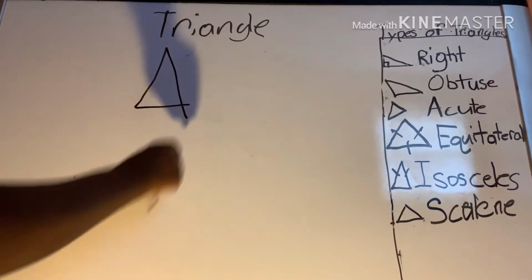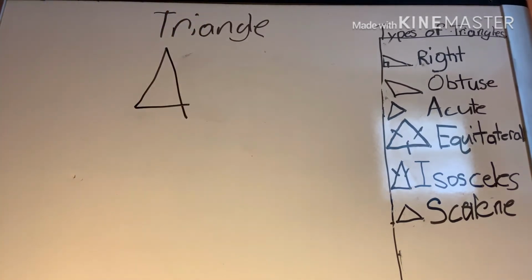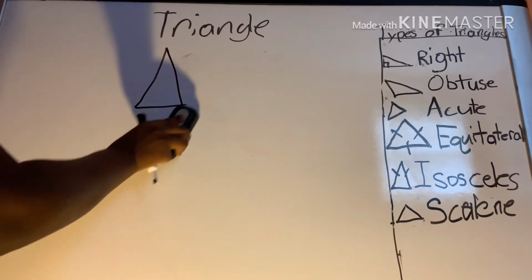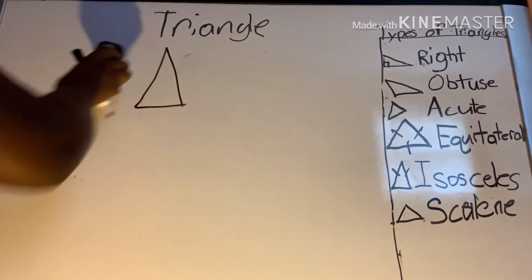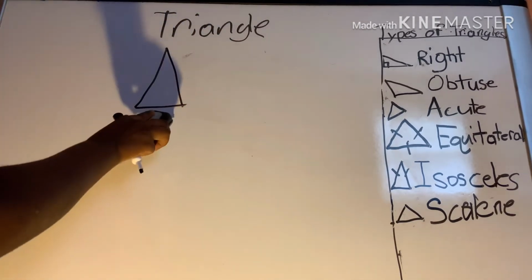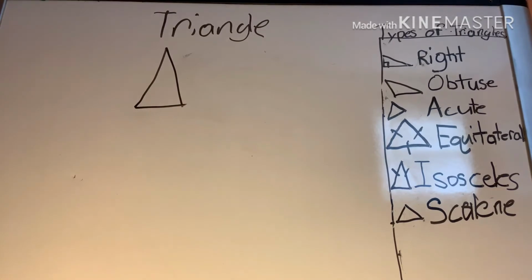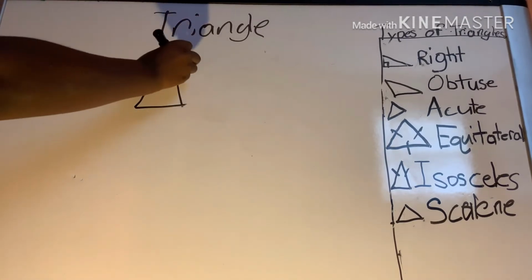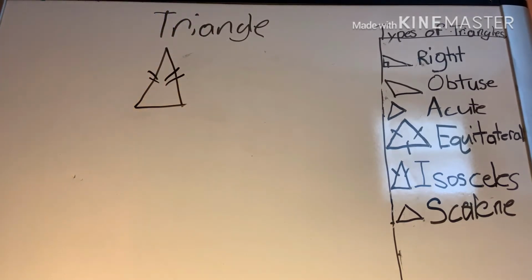These 2 sides are exactly equal. There is nothing extra to it. The 2 top sides are exactly equal when the bottom side is a different size. So these are equal. So that's how you can tell it's an isosceles triangle.